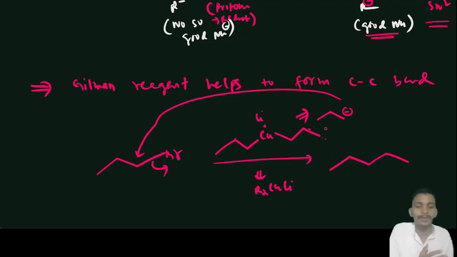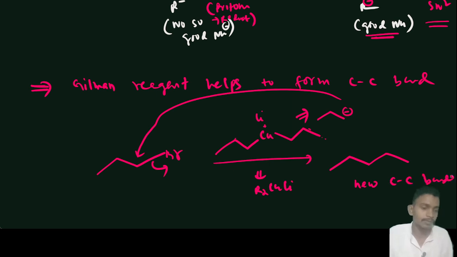It means it forms a carbon-carbon chain, a new carbon-carbon bond. So whenever we have to increase the carbon-carbon chain, it is a very good option to take Gilman reagents.